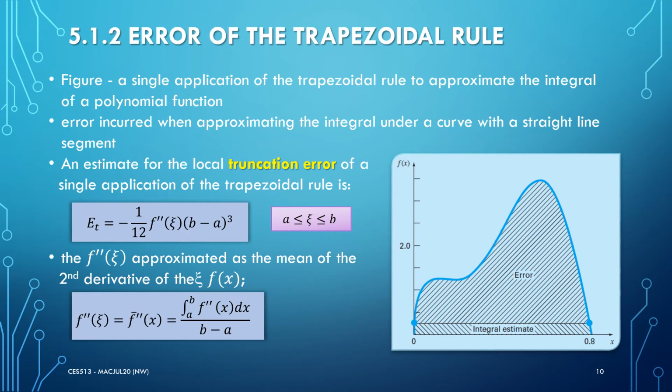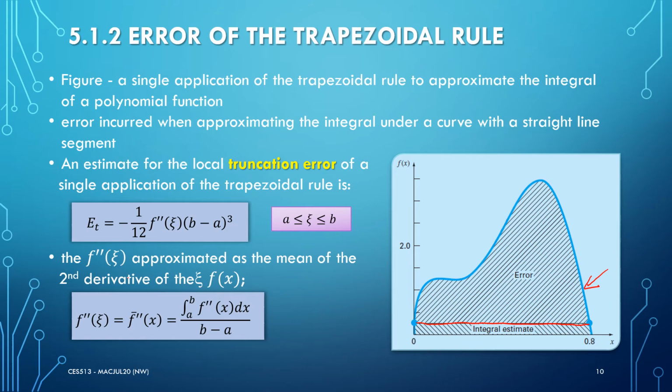The figure at the right bottom of the slide is a graphical depiction of a single application of the trapezoidal rule. Here, this straight line is used to approximate the integral of a polynomial function. That is the polynomial function, the blue line.